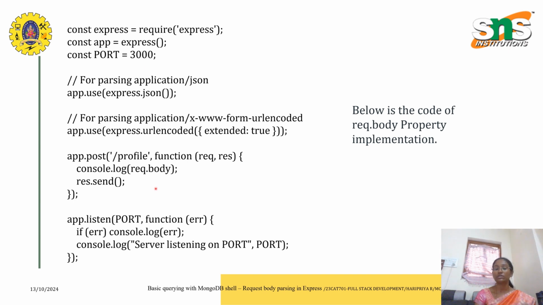After that, request.send, which sends the request through the network to the database. Then app.listen with the port function. The console will be listening on the port, and after that we will work on the property implementations.